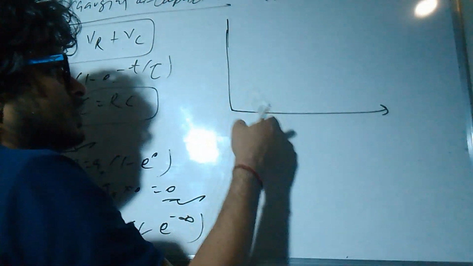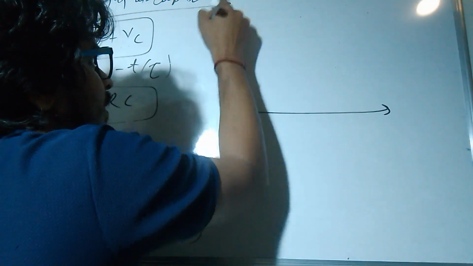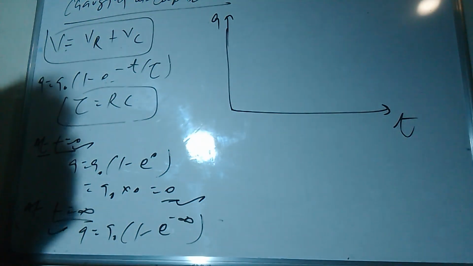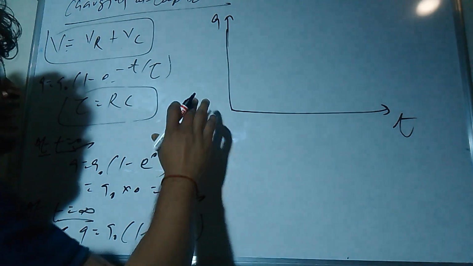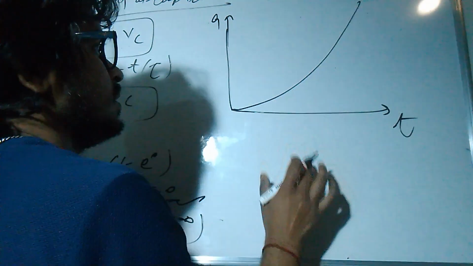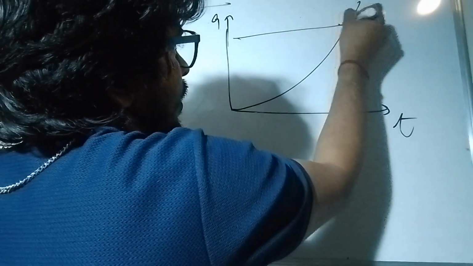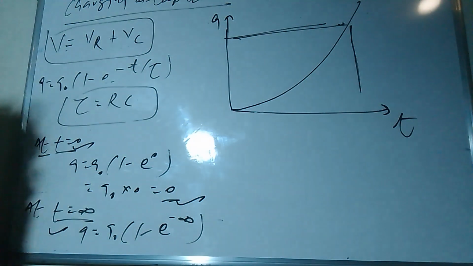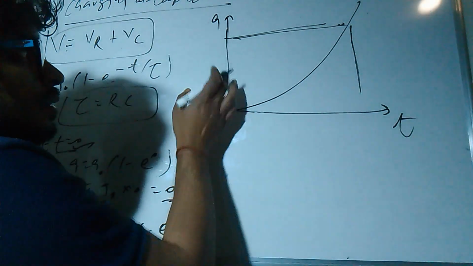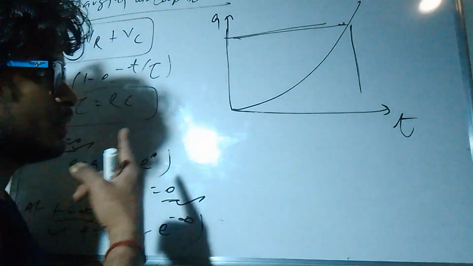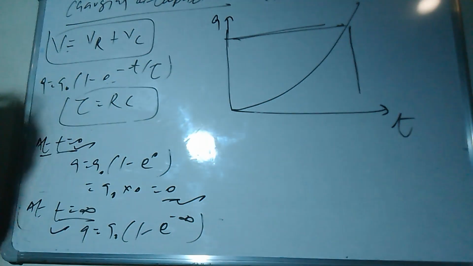If I say this is charge and this is time, the charge will build up like this, and it will take 63 percent. The charging happens through an exponential curve.